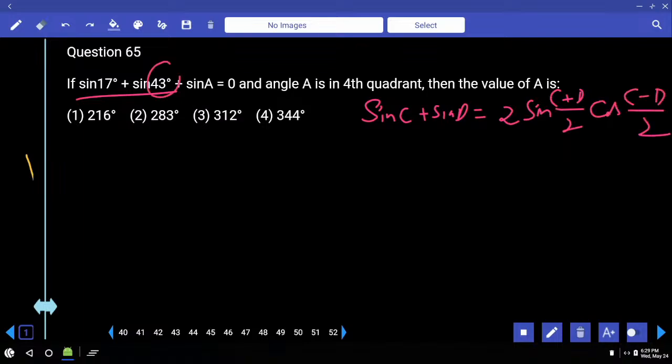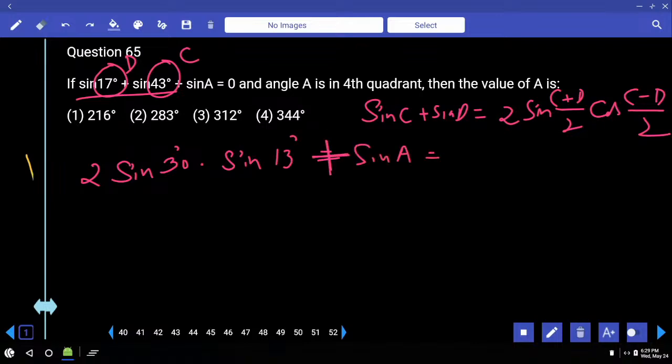For our convenience, let us consider these as C and D. So 2 sin of 60/2, that is 30, cos of 26/2, that is 13, plus sin A equals 0. This is 1/2, isn't it? So sin A is equal to minus sin 13, isn't it?